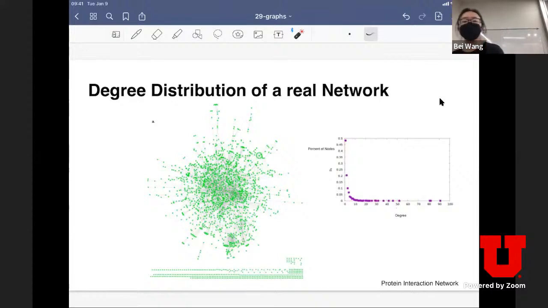This apparently is quite a common phenomenon for real-world social networks, for example, that maybe there's a small number of people who are extremely influential, and they are the tail end of the distribution, but most of the distribution follows a shape like this. Okay, that is what happens in a real network. So in a lot of cases, that means there's a very large number of nodes that have a very small degree.